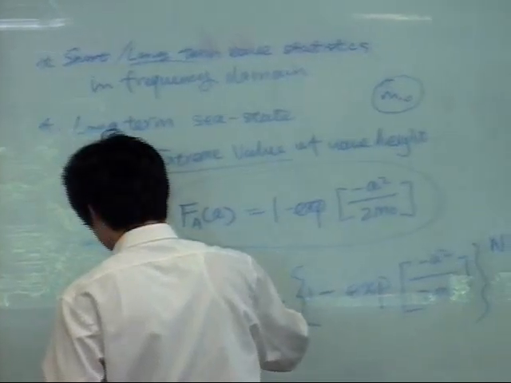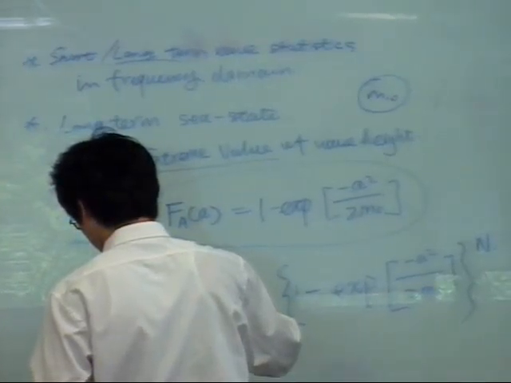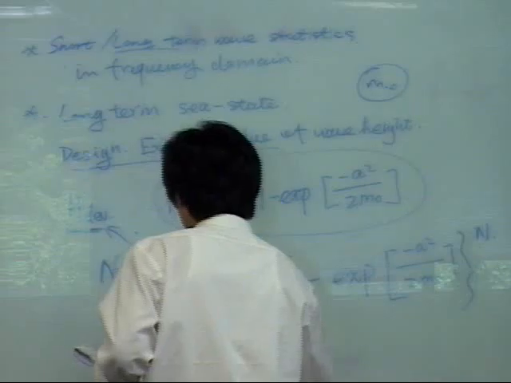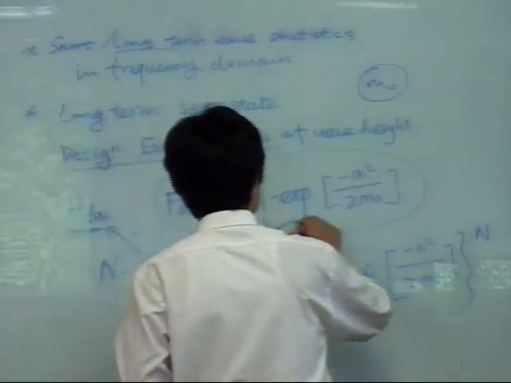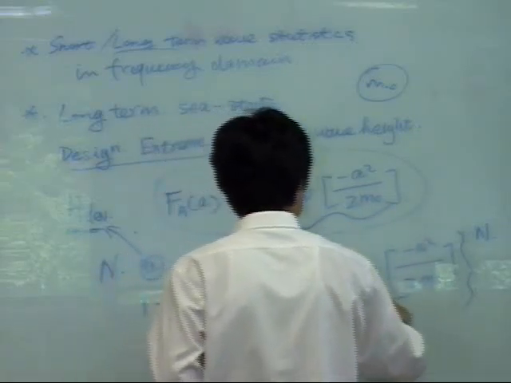Here P is the probability of this thing. P is like this.